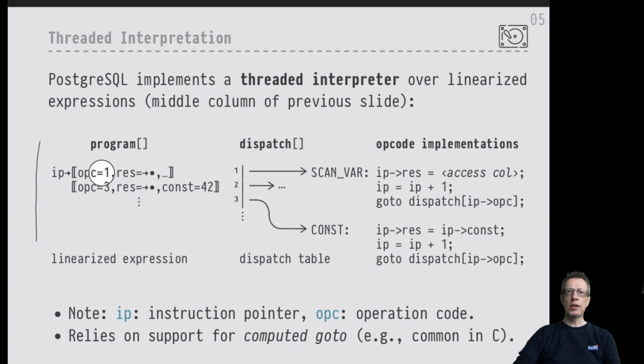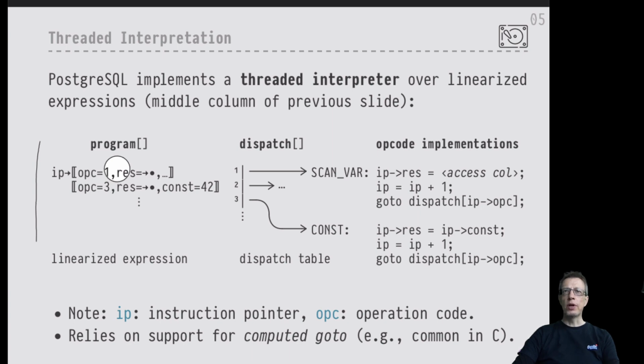What exactly will this instruction ask us to do? Well, we can see it in the opcode, in the OPC equals 1 here, in the opcode field. This would be an indicator of what this instruction is indeed supposed to do. All right. We would use that offset 1 and perform a lookup in a different array, in the so-called dispatch array.